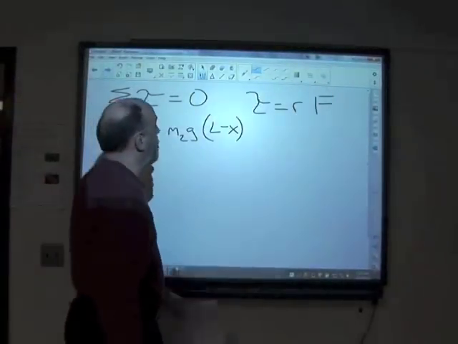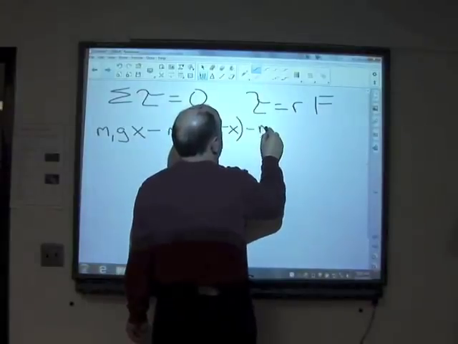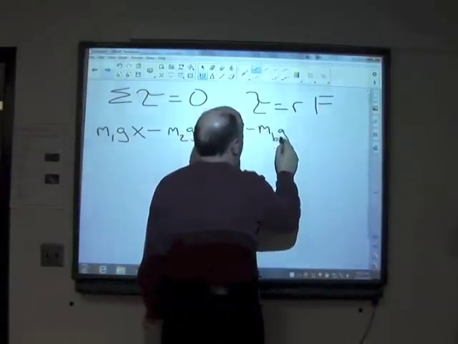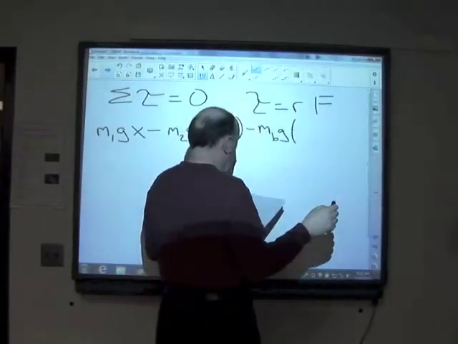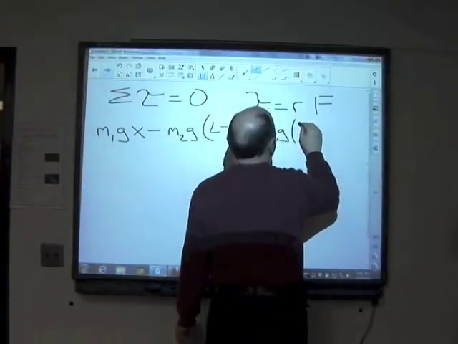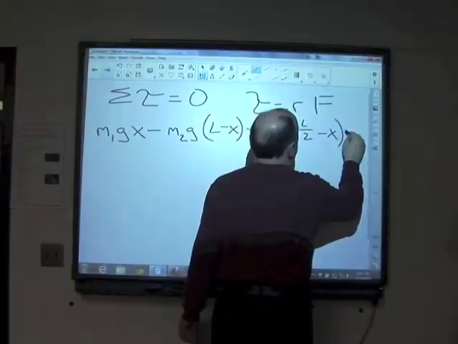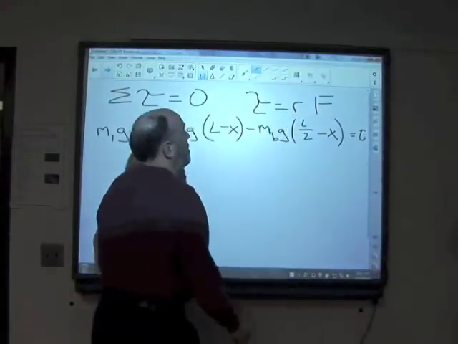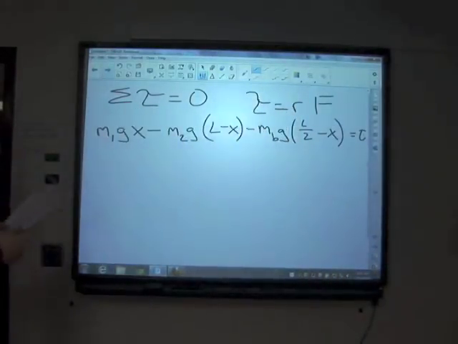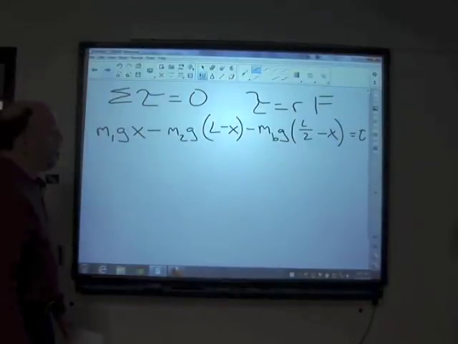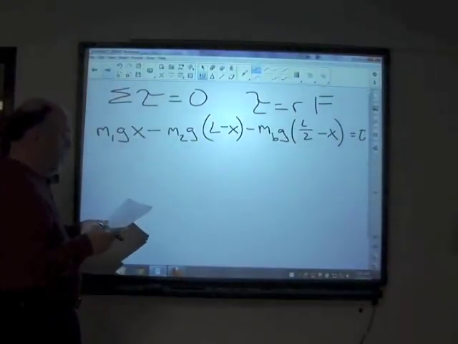And so the board will be the mass of the board times gravity. And for the board itself, we look at it as a center. Where's the center of mass for my system? Right? So we get this. And so now we need to take this equation and solve it for x.